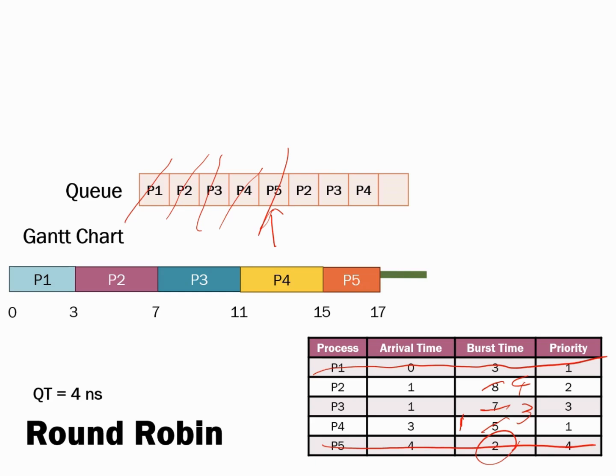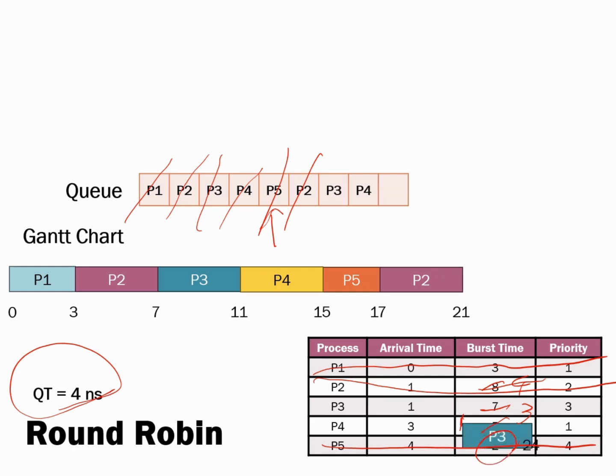So based on the queue, we assign the CPU to P2 for 4 nanoseconds, same as before, and it also finishes here. As you can see, it finishes at 21. After P2, the turn goes to P3.